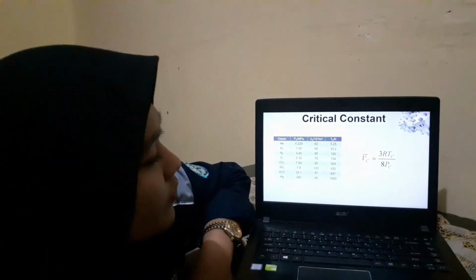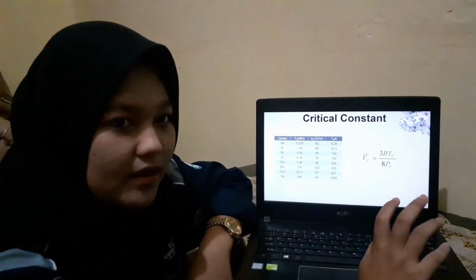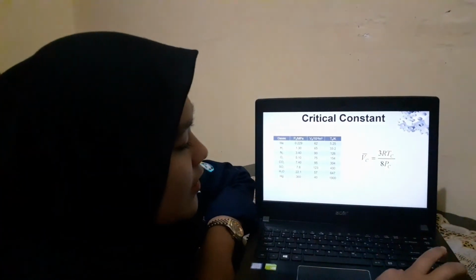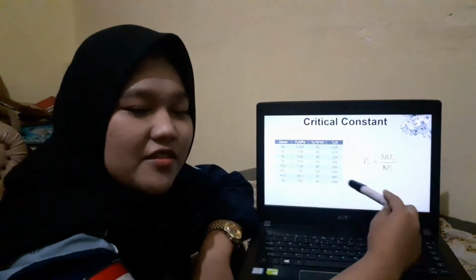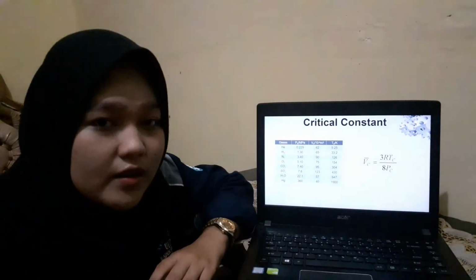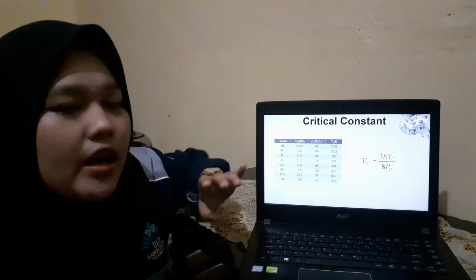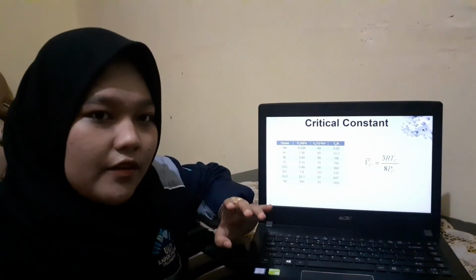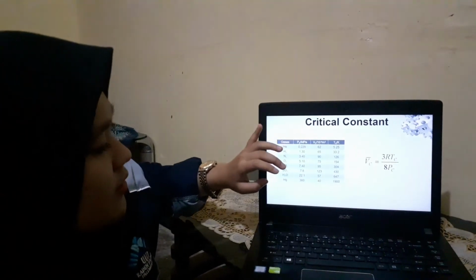So in the critical constants, like before in the graph, we have an equation. Actually, this equation comes from the van der Waals equation. We take the derivations of the van der Waals equation and make this equation for the critical constants.